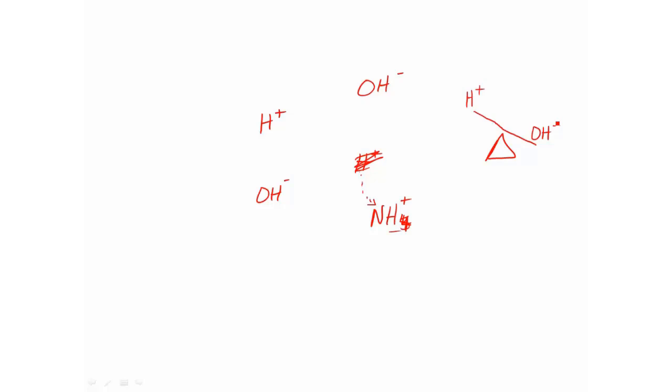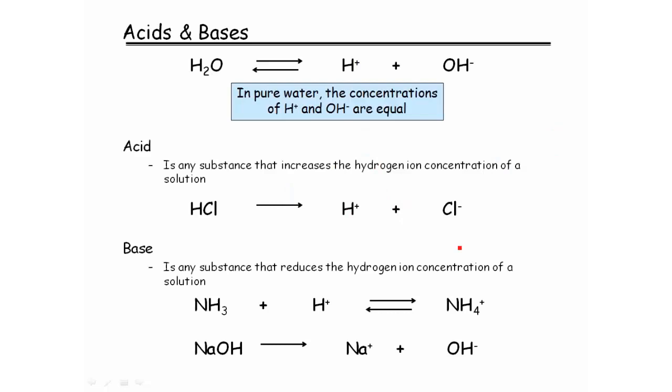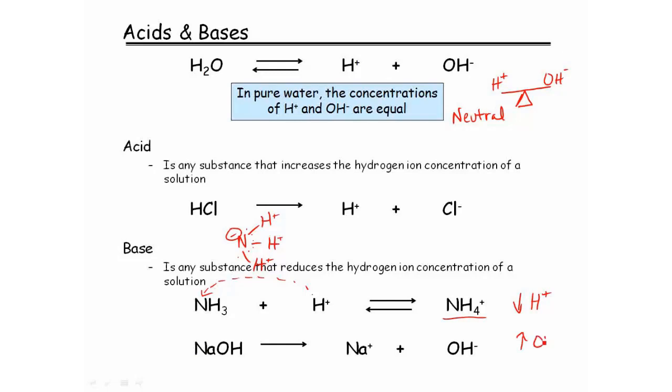So one way that a base can operate is by actually taking the hydrogen ion concentration down, so they can decrease the hydrogen ion concentration. If they do that, then that is going to tilt the scale to be heavy on the hydroxide side. Another way that they can operate is, as we see in this second base example, sodium hydroxide operates by increasing the hydroxide ion concentration.